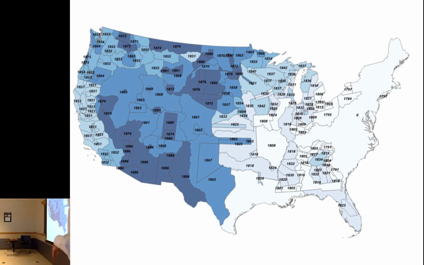So we wind up with a map of Indian land cessions. Some are large, some are not. The color coding is indicative of the chronology, and each one of these represents at least one treaty.